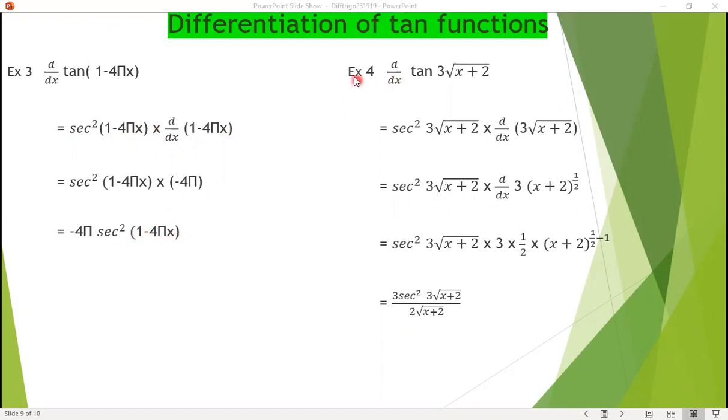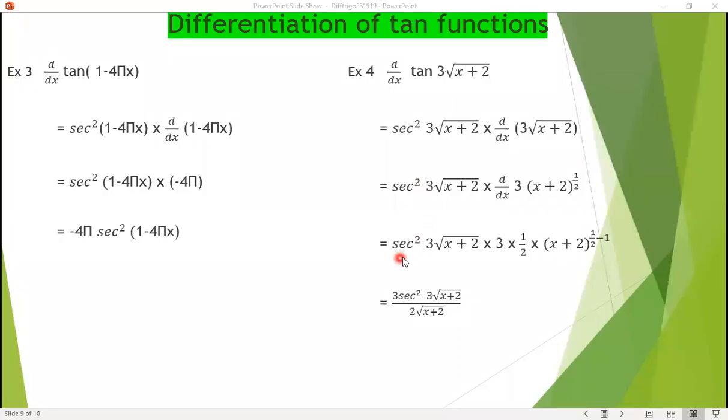Our next example, differentiation of tan 3 square root x plus 2. It's sec squared 3 square root x plus 2 multiplied by the differentiation of 3 square root x plus 2. So square root x plus 2 can be written as x plus 2 to the power of half.